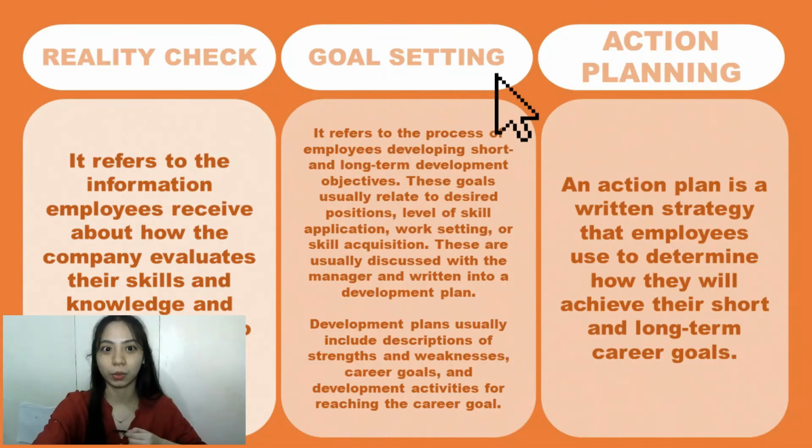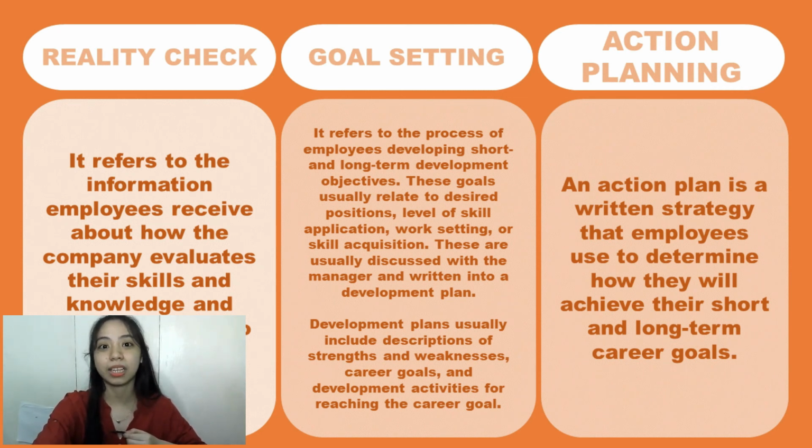Third is the goal setting. Goal setting refers to the process of employees developing short and long-term development objectives. These goals usually relate to desired positions, level of skill application, work setting, or skill acquisition. These goals are usually discussed with the manager and written into a development plan.